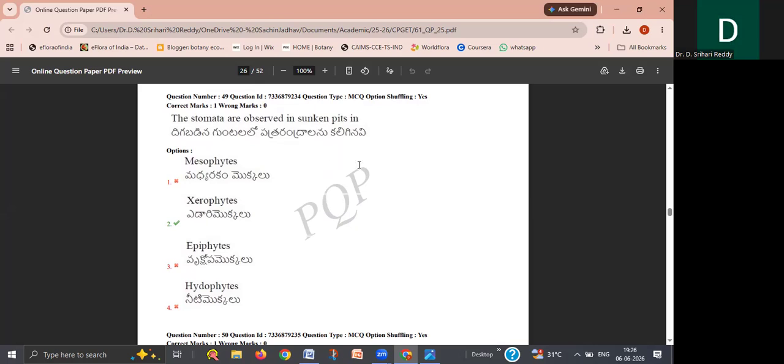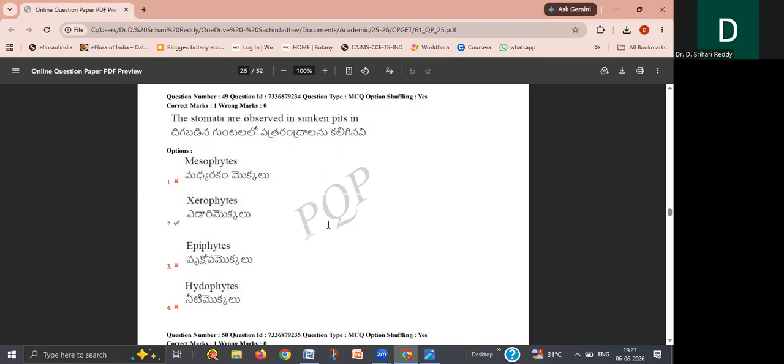Loss of water through the stomata is called transpiration. So to prevent transpiration, the stomata are located in the lower epidermis and also in pits. So those are called sunken stomata or sunken pits.